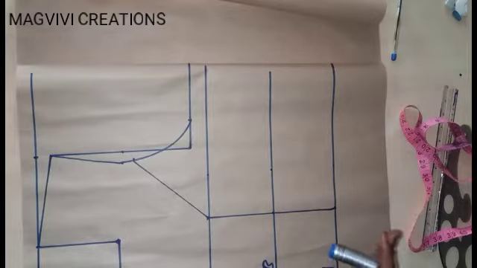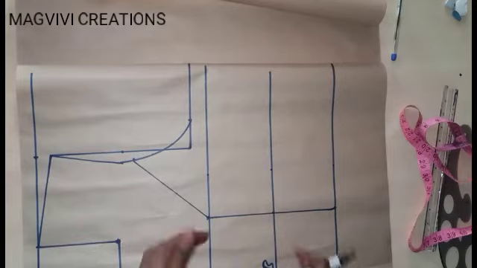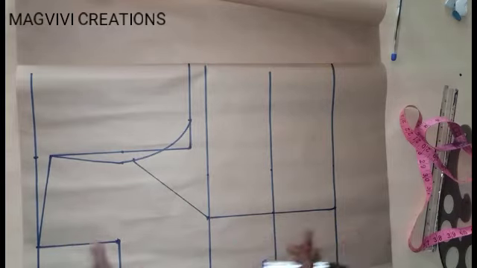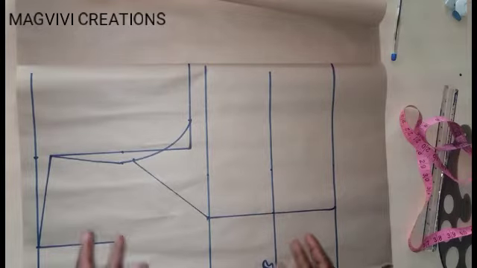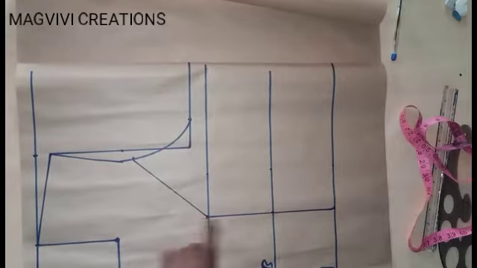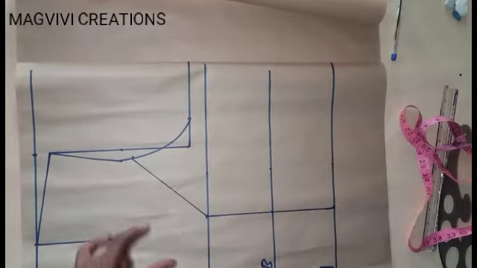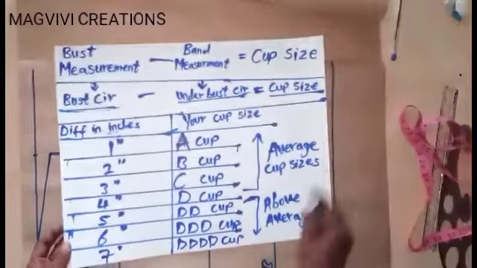So like I said in my previous tutorial, when you're drafting your bustier, what you will do first of all to get your cup size, like I have explained earlier, is the difference between your bust circumference and your under bust circumference. Now we are dealing with someone that is very busty, and the difference between her bust circumference and the under bust circumference is 10 inches, way above average.